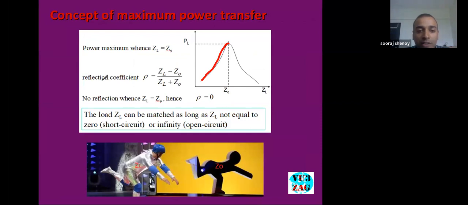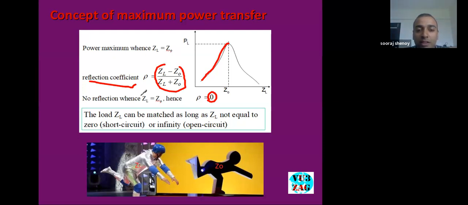Now the other important parameter is the reflection coefficient. It is represented by this letter, and it is calculated with this particular formula. We know that when ZL equals Z0, the value of the reflection coefficient becomes 0 when we apply the values in this formula.